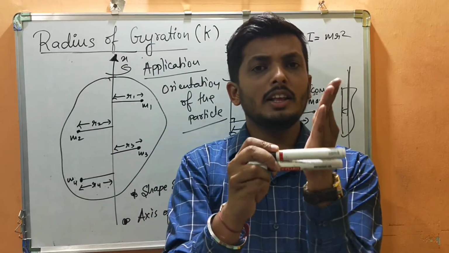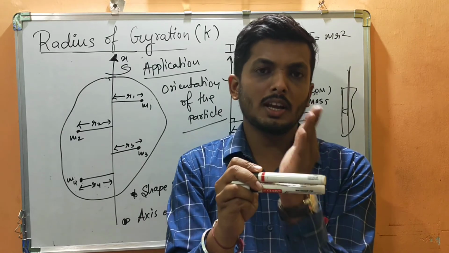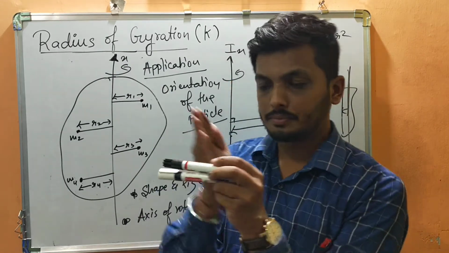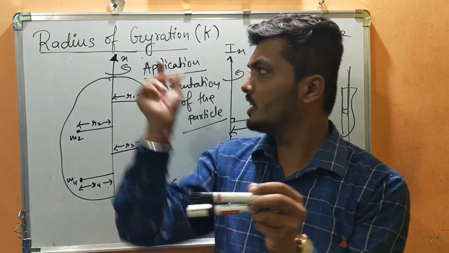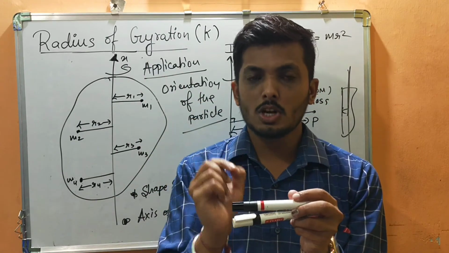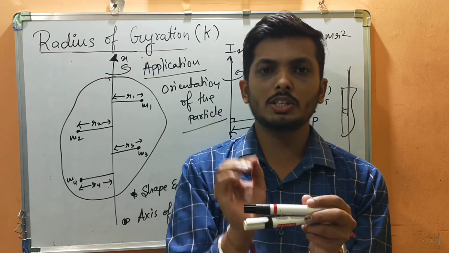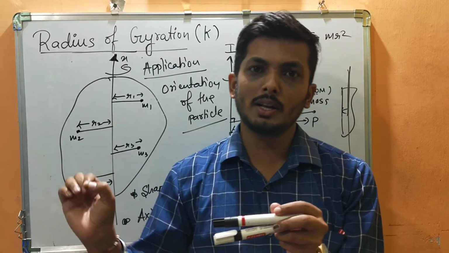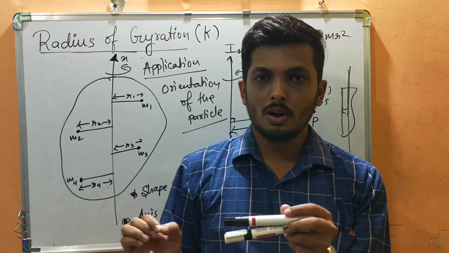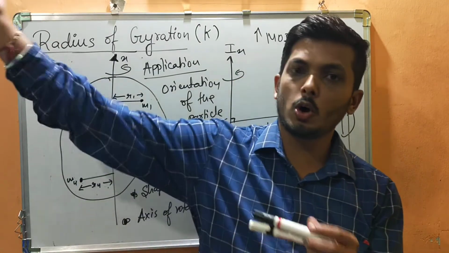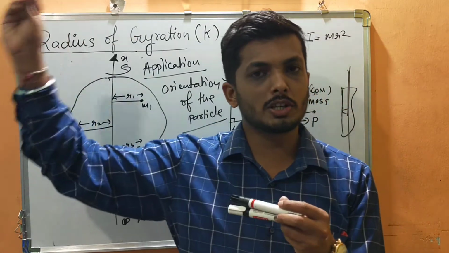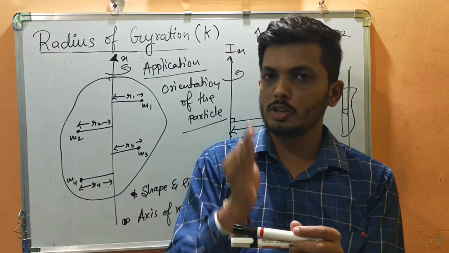If the particle is very close to the axis of rotation, then radius of gyration will be less. So only by looking at the orientation of the particle, you have to see where the particle is and measure the distance from the axis of rotation. If you are measuring a longer distance, radius of gyration is more. If it is a shorter distance, radius of gyration will be less.